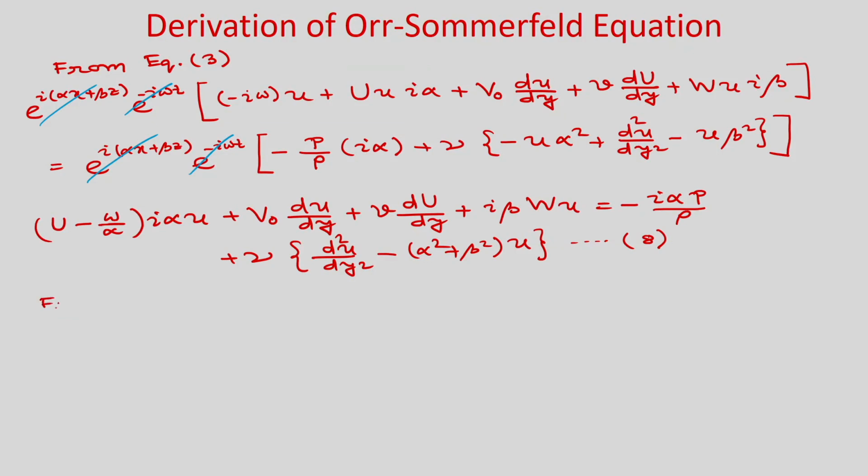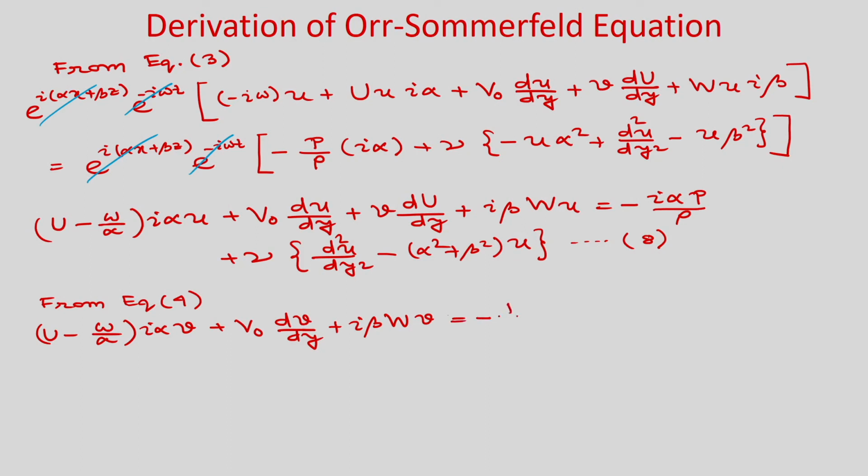Similar analysis if you do for the other perturbation equations, then from equation 4, we can derive u minus omega by alpha i alpha v plus v naught dv by dy plus i beta w v is equal to minus 1 by rho dp by dy minus nu alpha square plus beta square v minus d2v by dy square.